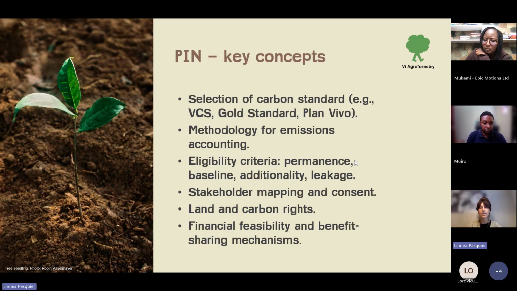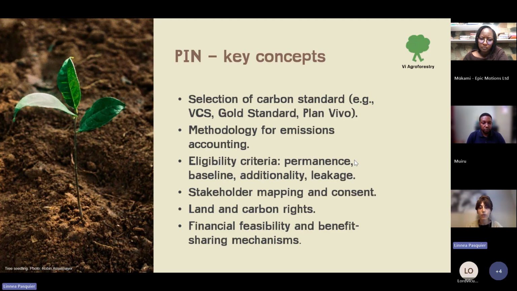And leakage is that if you create this project, will other emissions then happen somewhere else? For instance, in this AFLU space, many projects have been planting many of the same trees, which has then resulted in deforestation somewhere else by the local people, because they still have to harvest a tree for firewood. That means there's a leakage in this project and it's not really eligible.